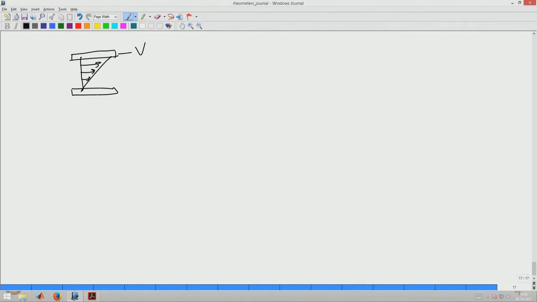The only thing we are ensuring when we conduct experiments of this kind is that at the top plate the velocity should be v and at the bottom plate the velocity should be 0. So, there are only 2 points we are fixing, this point is being fixed, this point is being fixed.